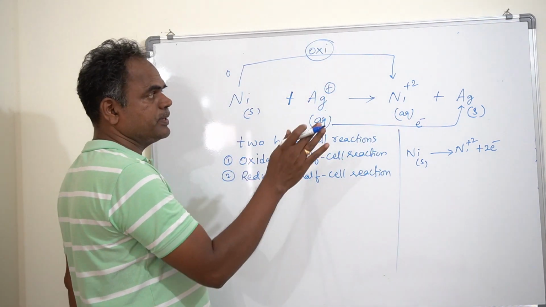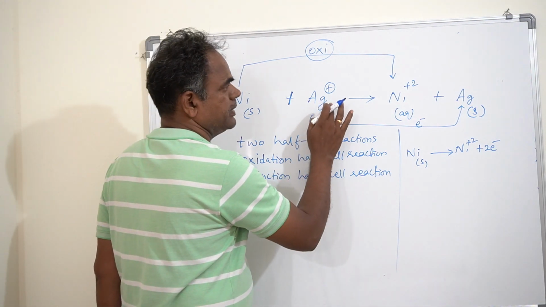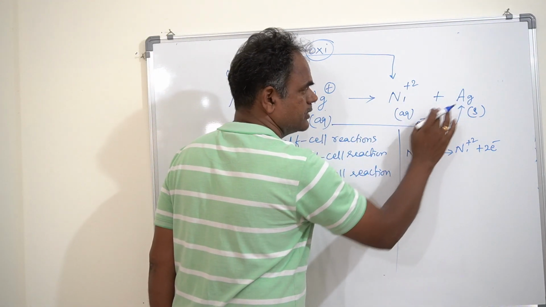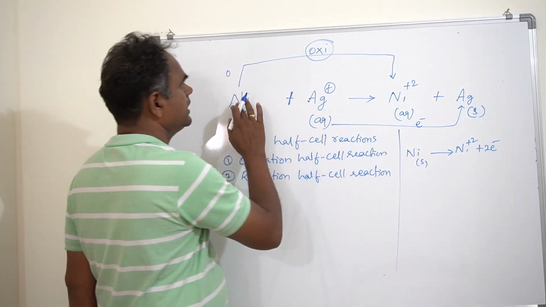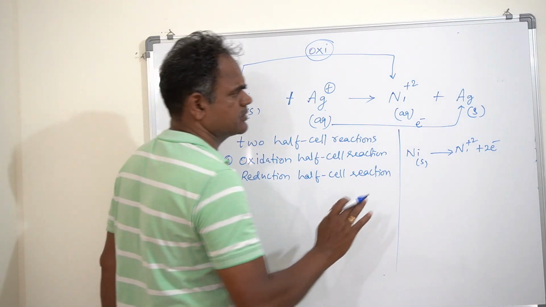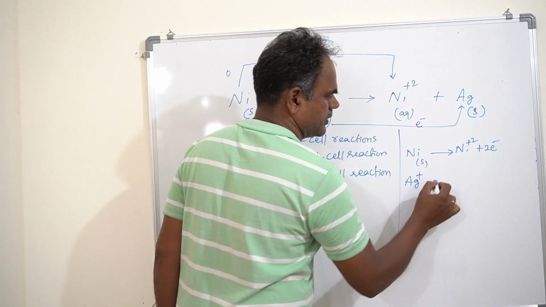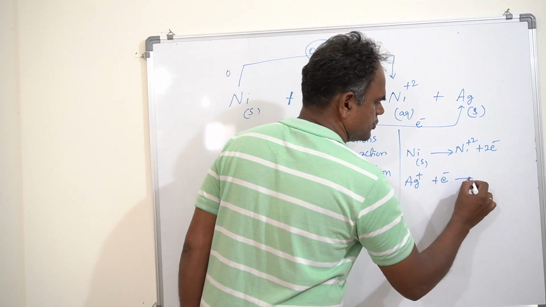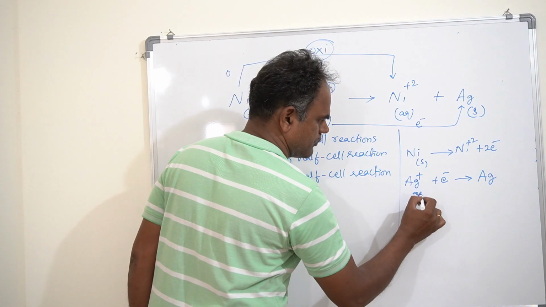But nickel loses 2 electrons, whereas silver ions get reduced, gaining 1 electron to form metallic silver. So you write Ag+ gaining 1 electron to become Ag metal atom.